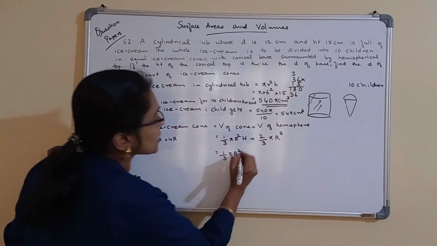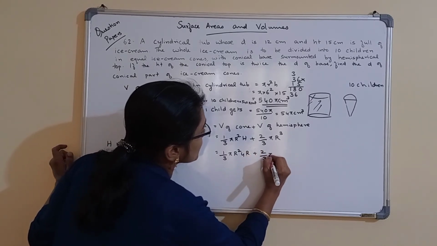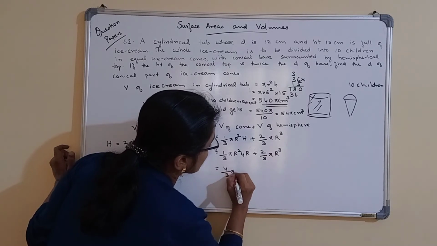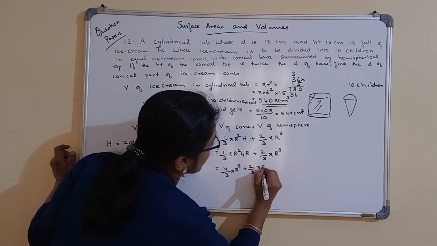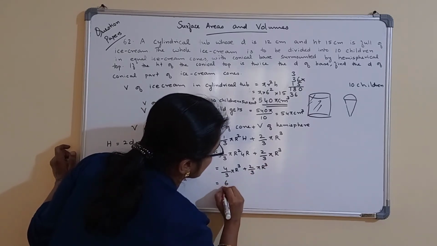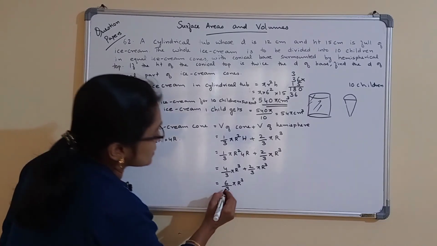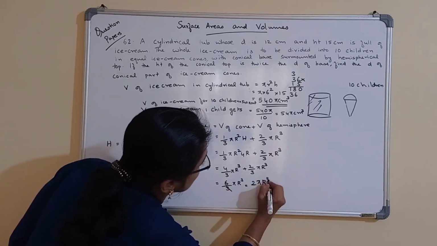So we can substitute 4r here, plus 2/3 pi r cube, which is equal to 4/3 pi r cube plus 2/3 pi r cube, and that is equal to 6/3 pi r cube. And this is equal to 2 pi r cube.